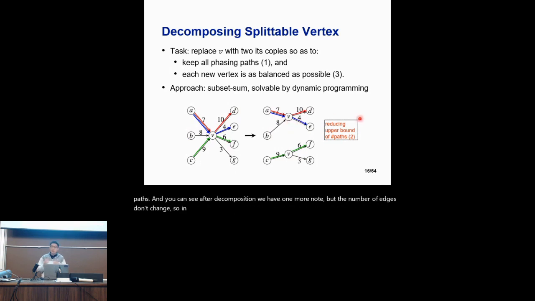In fact, this will reduce the upper bound according to the theoretical work I just mentioned, which will help to use a smaller number of ST paths. And last, we try to make each of the new nodes as balanced as possible, which helps with objective number 3, to fit the given splice graph.